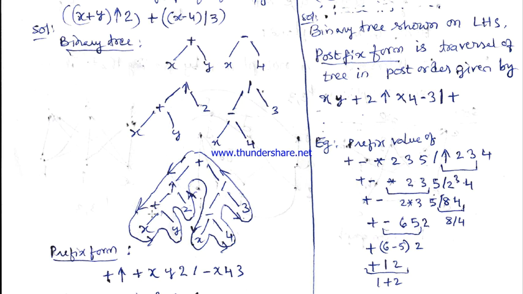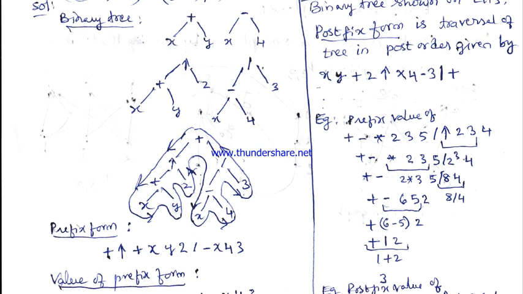This is again plus only. So after plus it is vertical arrow, then plus, then x, because all these are visited for the first time along the path. So the prefix form of the expression is plus vertical arrow plus x y 2 division minus x 4 3.